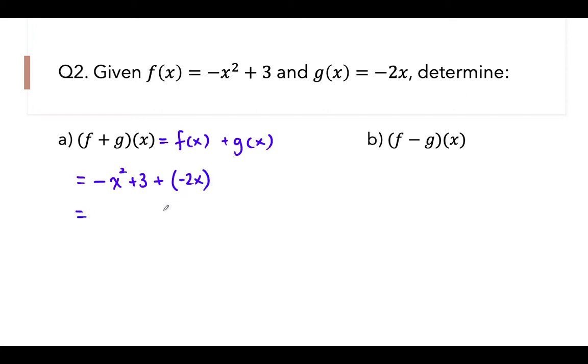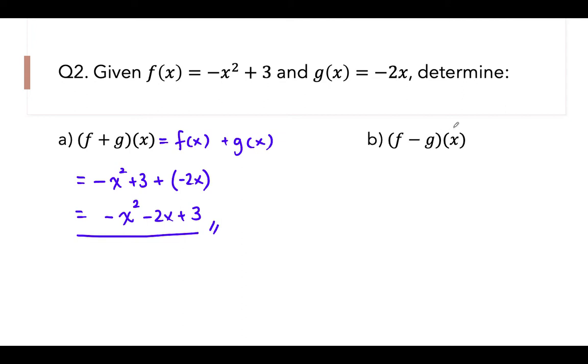Then we collect like terms, but it looks like there are no like terms, so I'm going to put it in order of degree: -x squared, -2x, and +3. And that will be my new combined function.